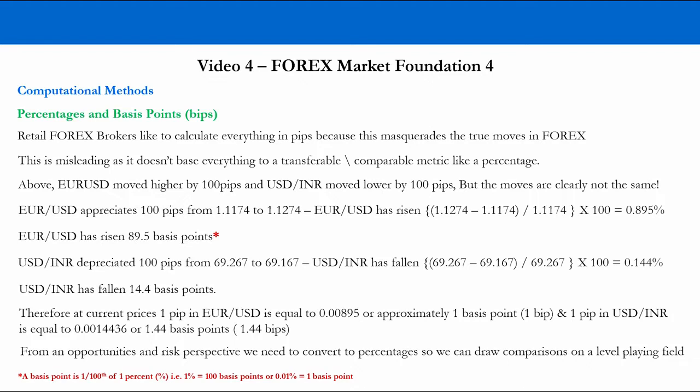So from an opportunities and risk perspective, what we actually have to do is convert everything to percentages. And this is the only way we can actually draw comparisons on a level playing field.